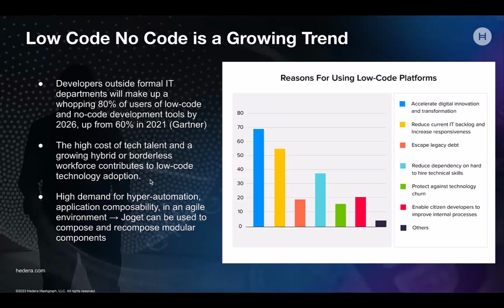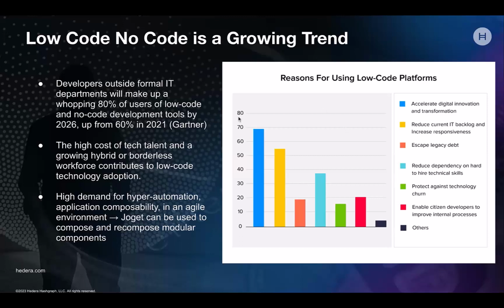There's demand for hyper automation and composability of applications. It's a lot easier to develop on a platform like Joget if you want robust applications that can be composed and modular.